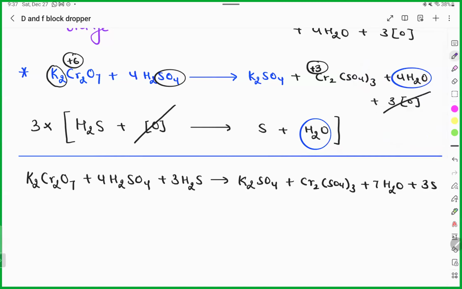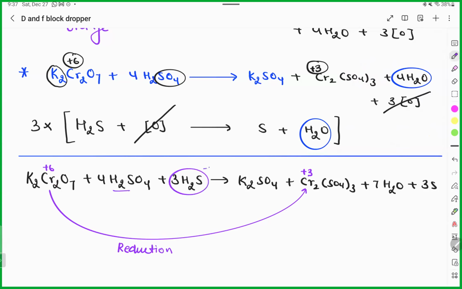Okay, what is special in this? Here, your plus 6 chromium converts into plus 3 chromium. One thing is this. So we know this is undergoing reduction. If it is undergoing reduction in the presence of acid, then another molecule will undergo oxidation. Sulfur from -2 will convert into 0.